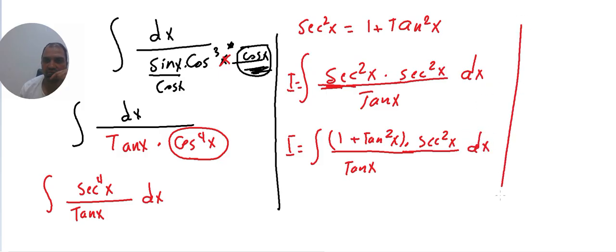Now we can solve the example by substitution, putting a symbol for the function and its derivative, because the derivative of tan x is sec power 2 x.